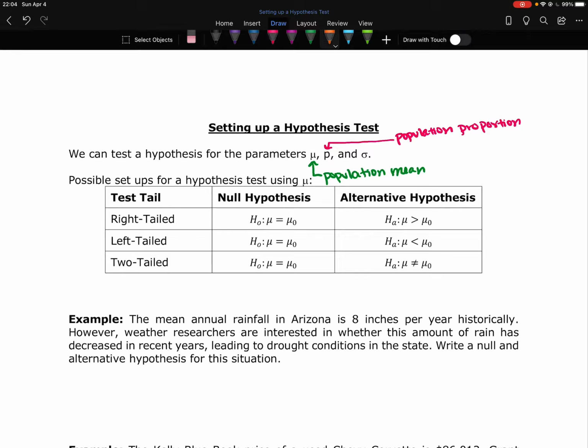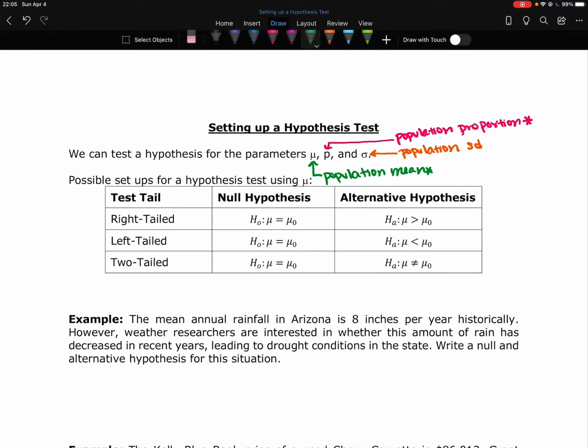And sigma, and that's the population standard deviation.